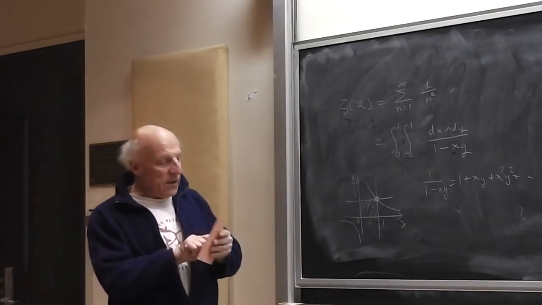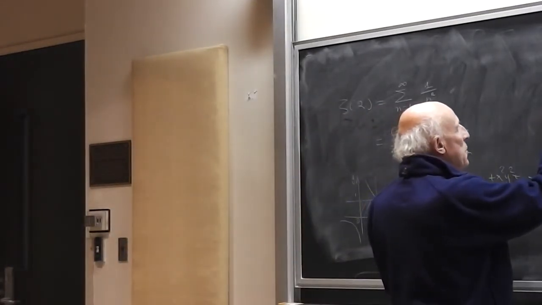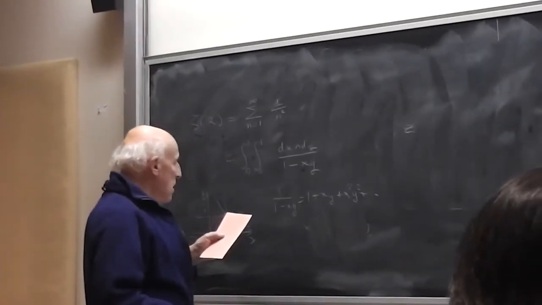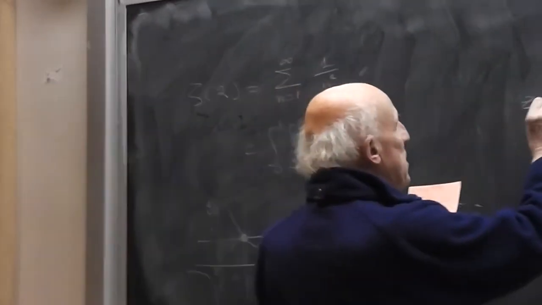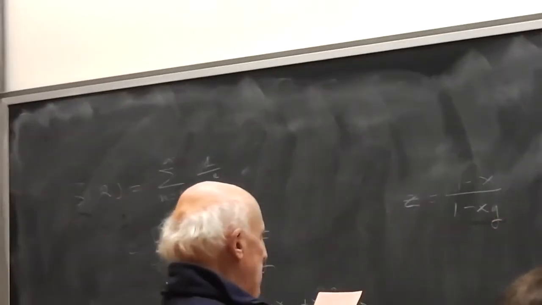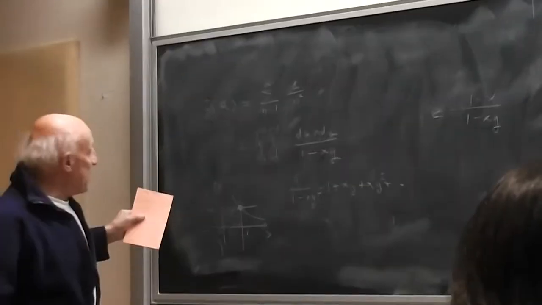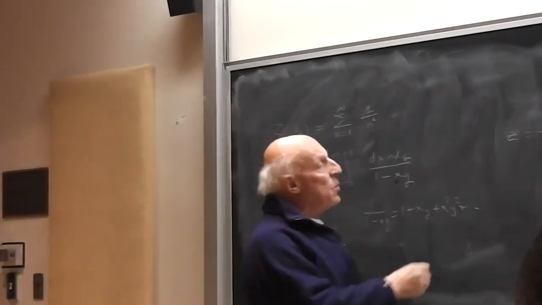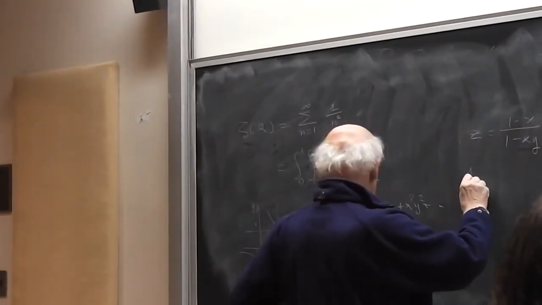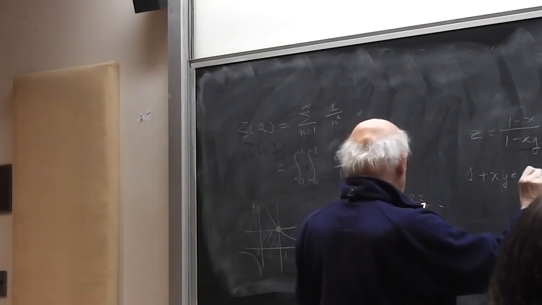And then this difficulty is resolved by the following trick. Instead of having two coordinates, you introduce a third coordinate, which is 1 minus xy over 1... is xy. And therefore, if you eliminate this, you have three coordinates and an equation which looks like 1 plus xyz is x plus z.